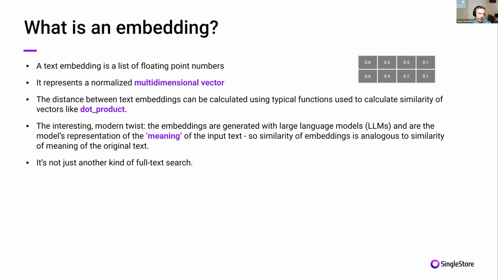So when you calculate the similarity between embeddings using the dot product operation, it tracks very closely how a human would think of the similarity between the text. And I'll show some examples of that in a bit. It's much more powerful than classic full text search that's looking at just the words in the text.